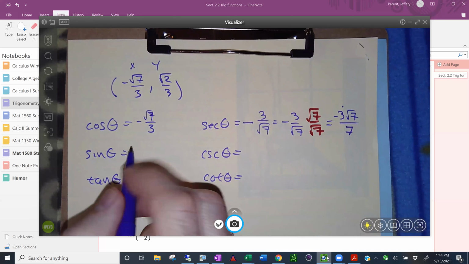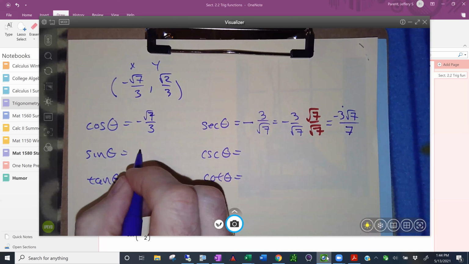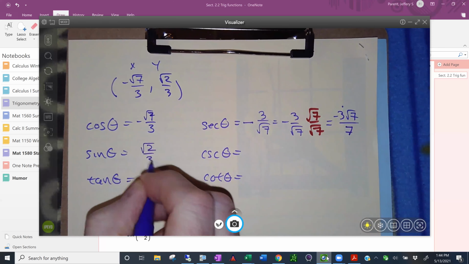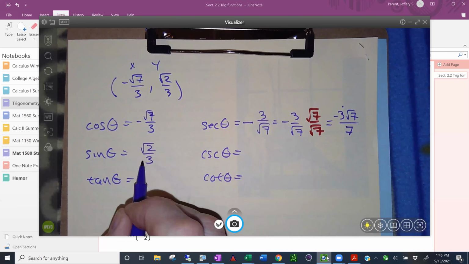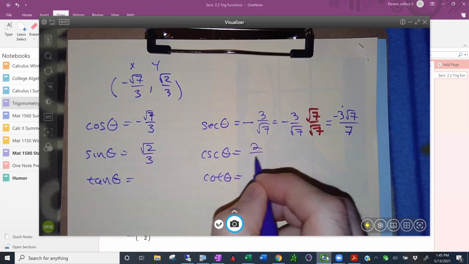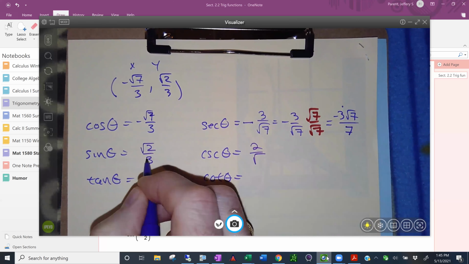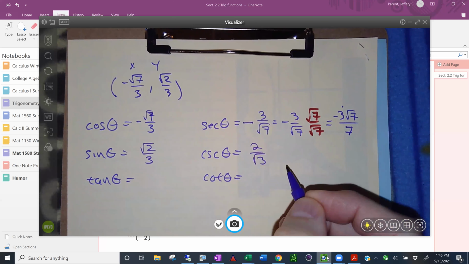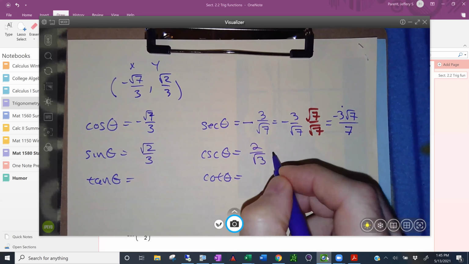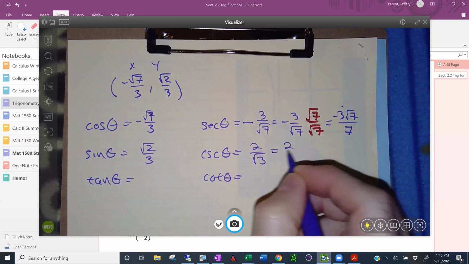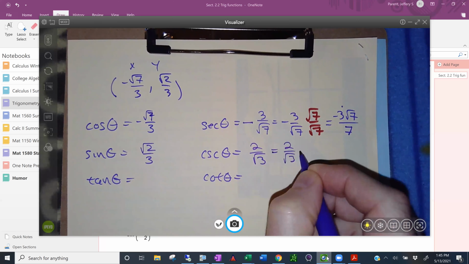Let's do the sine. Sine is going to be, let's see, square root of 2 over 3. And likewise, the reciprocal of that, 3 over square root of 2. That has to get rationalized. 3 square roots of 2. What should I multiply by this time?